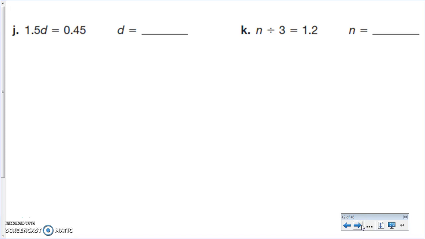For j, we have 1 and 5 tenths times d equals 45 hundredths. So we're going to divide by 1 and 5 tenths on both sides.